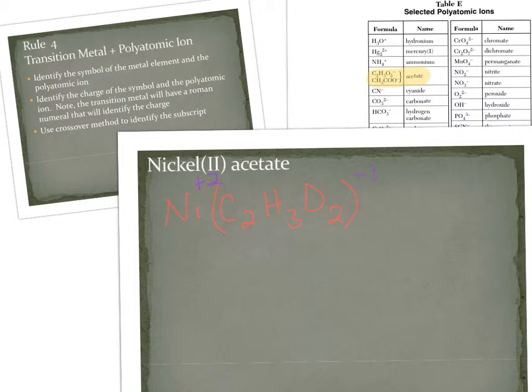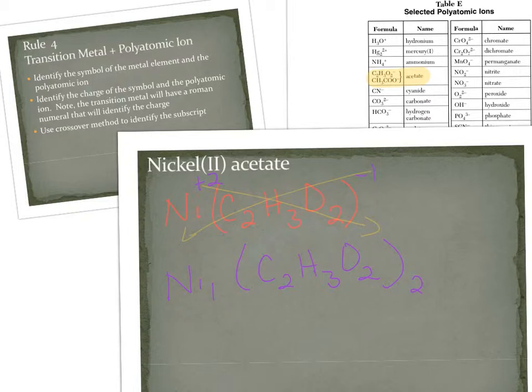Now I'm going to use the crisscross rule. I'm going to bring this down here, and I'm going to bring this on the outside. So therefore, nickel will have Ni 1, and acetate will have C2H3O2, and a 2 on the outside because there's 2 of acetate.